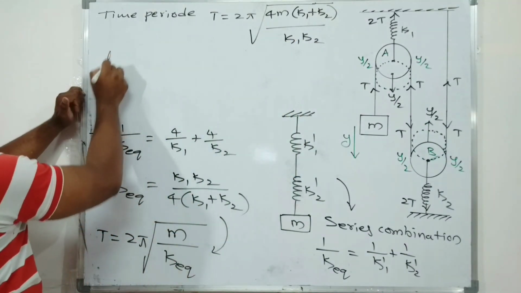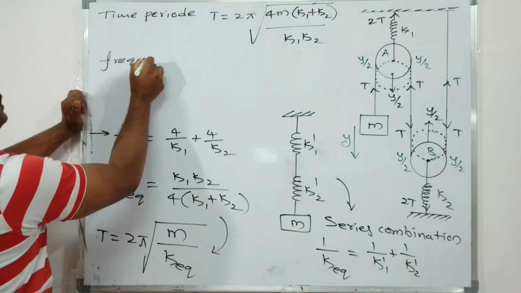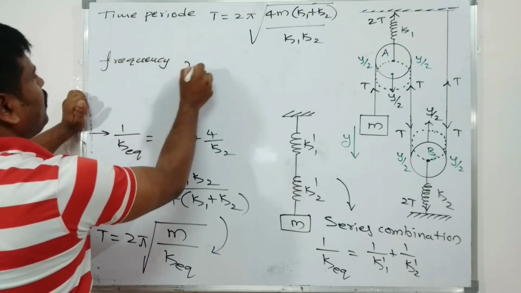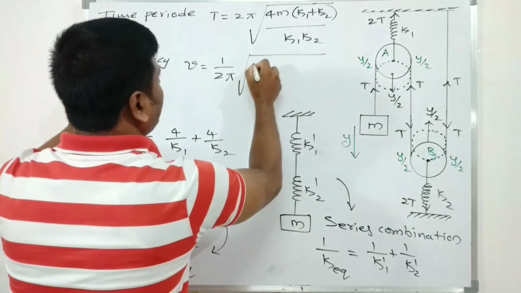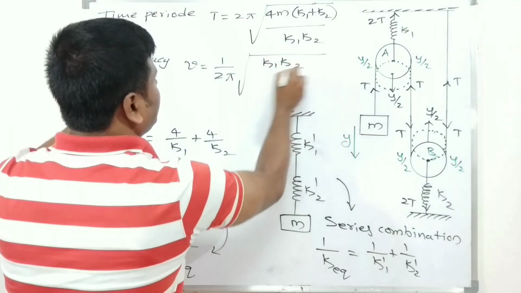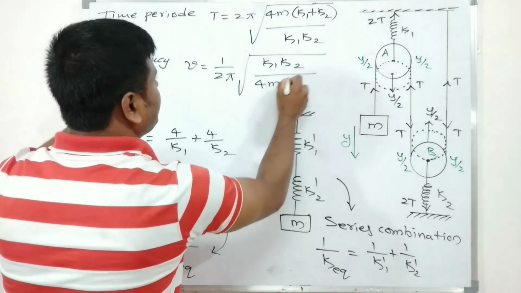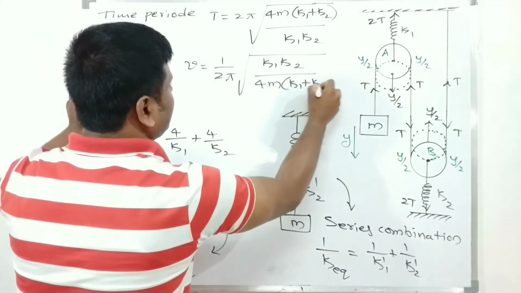And what is the frequency? Mu is equal to 1 by 2 pi root over K1 K2 divided by 4M into K1 plus K2.